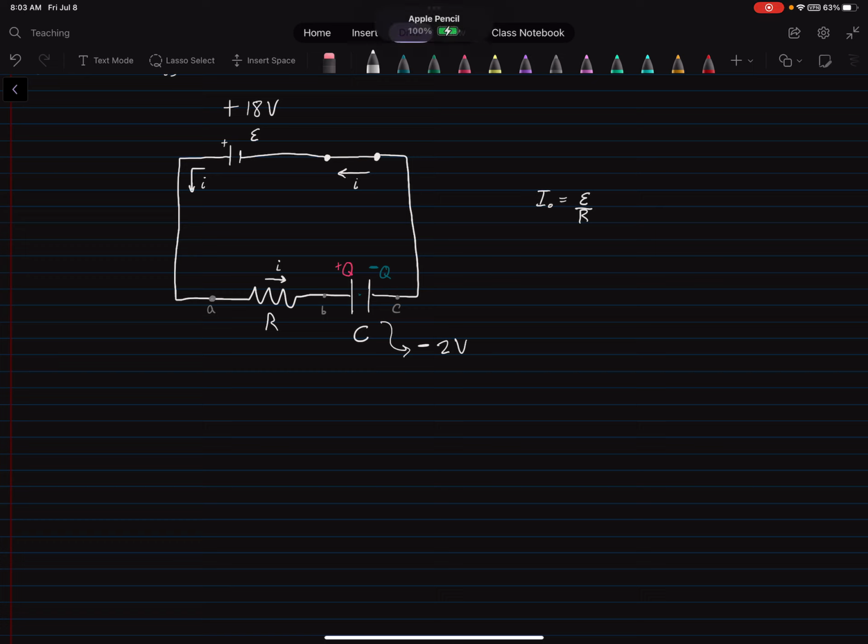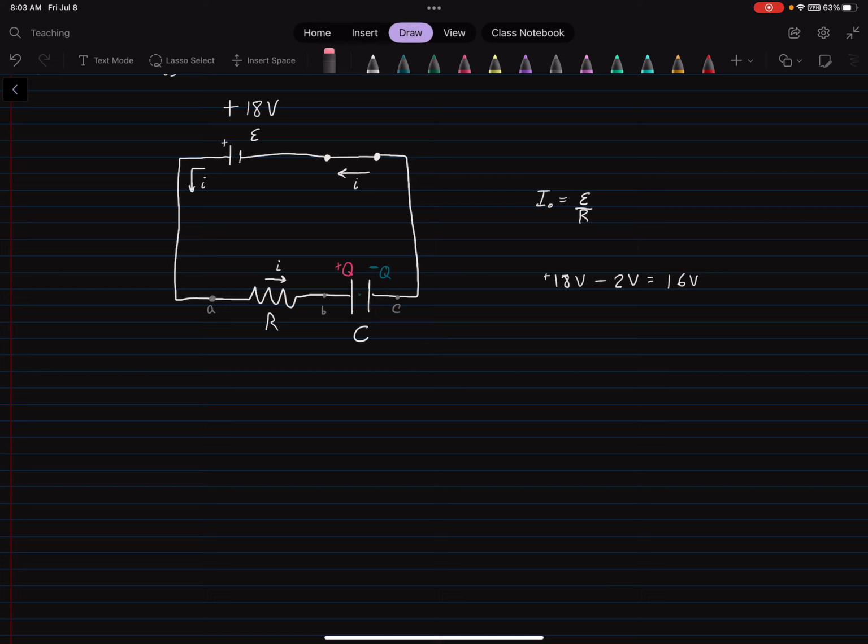The EMF source, you can think of it as a battery, and the capacitor as it's charging up, right? And so the net voltage would be the positive 18 volts minus, at that moment, 2 volts, if that's how charged the capacitor is. And so the net voltage in that moment would be 16 volts.